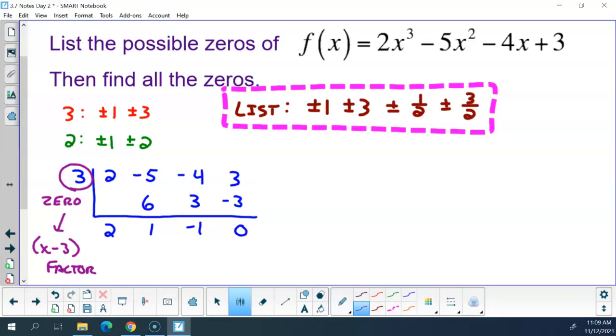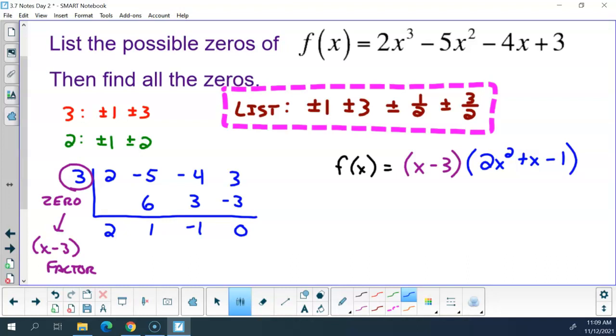Okay. So that means we can make f of x become x minus 3 times what? 2x squared plus 1x minus 1. Okay, now what?